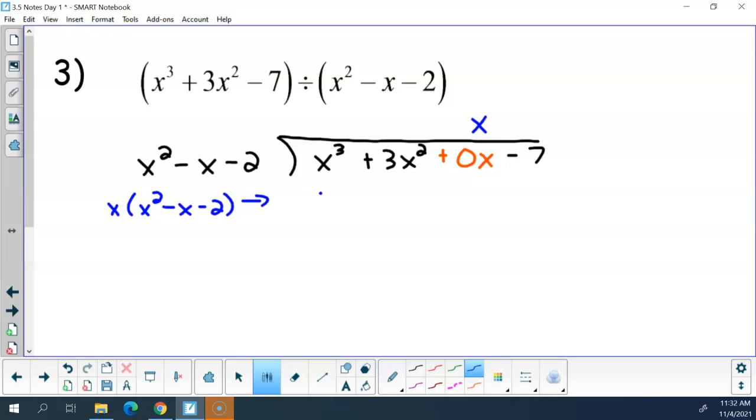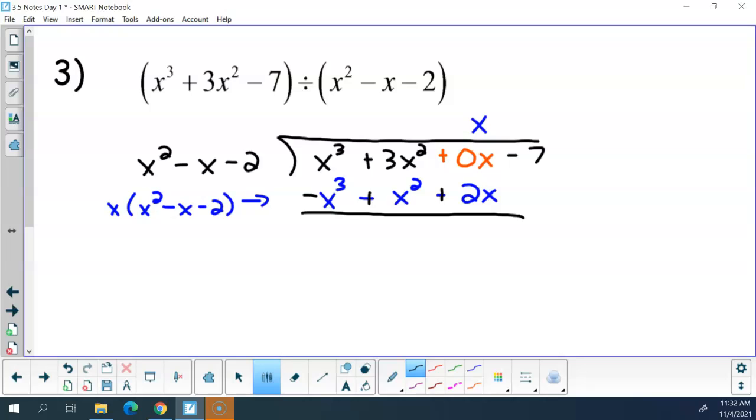So then this would be x cubed minus x squared minus 2x. What do I do? Change the sign. So this is negative, that's positive, that's positive. X cubed minus x cubed, 0.